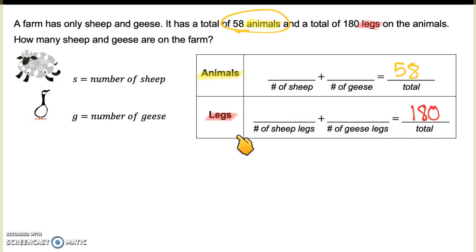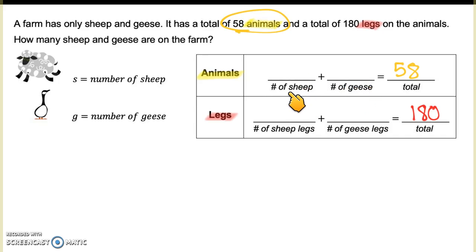So if we want to determine what information goes here in these blanks, we want to look at what our variables represent. In this problem, you are actually given the variables. We have S, which represents the number of sheep, and G, which represents the number of geese. So in our first equation, that represents the total animals, we're trying to figure out how many sheep and how many geese, but since we are not sure of the exact number, we have to use variables.